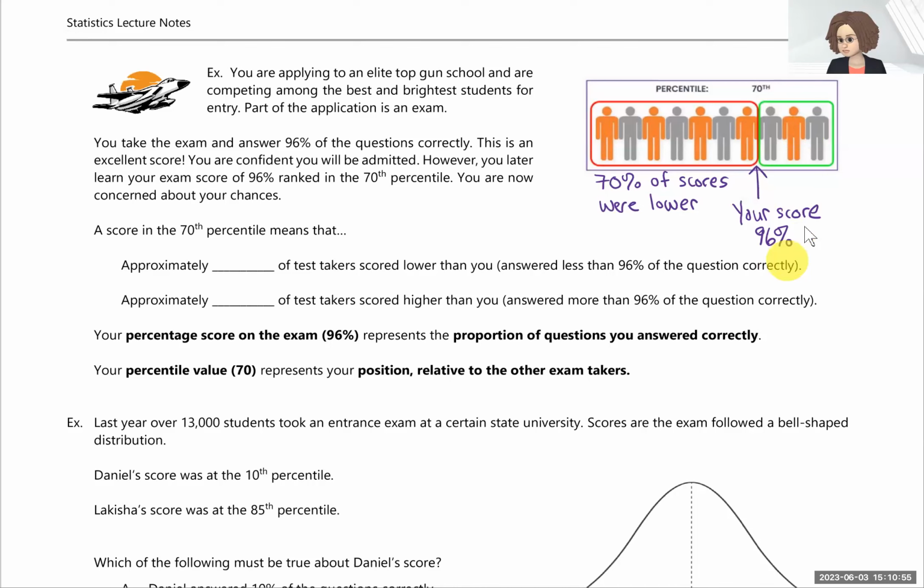But that means that these other 3 out of 10 people scored higher. So 3 out of those 10, that's the other 30%. So those visually 3 out of 10 students, so 30% are higher scores.